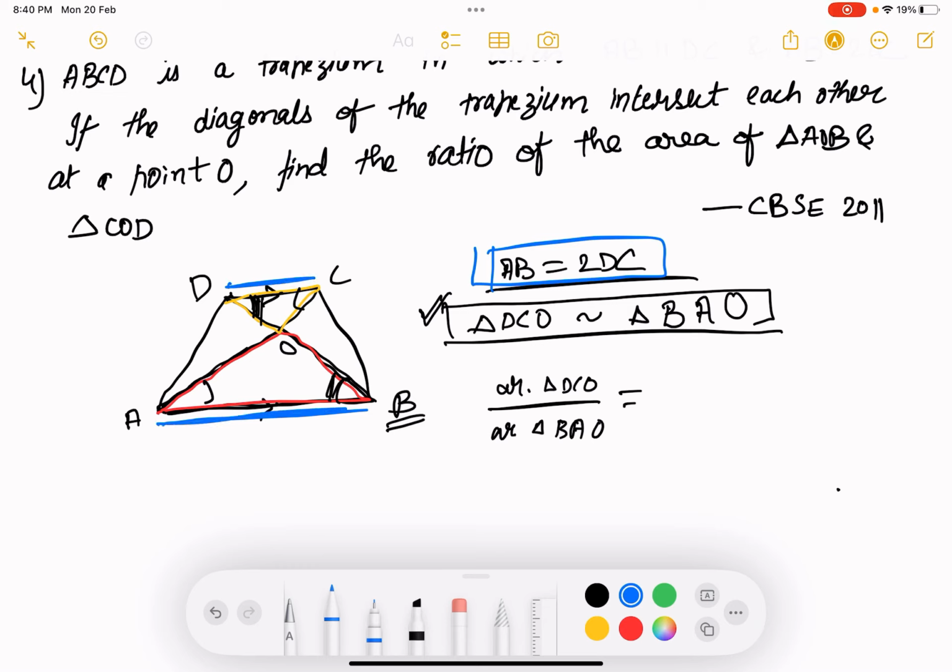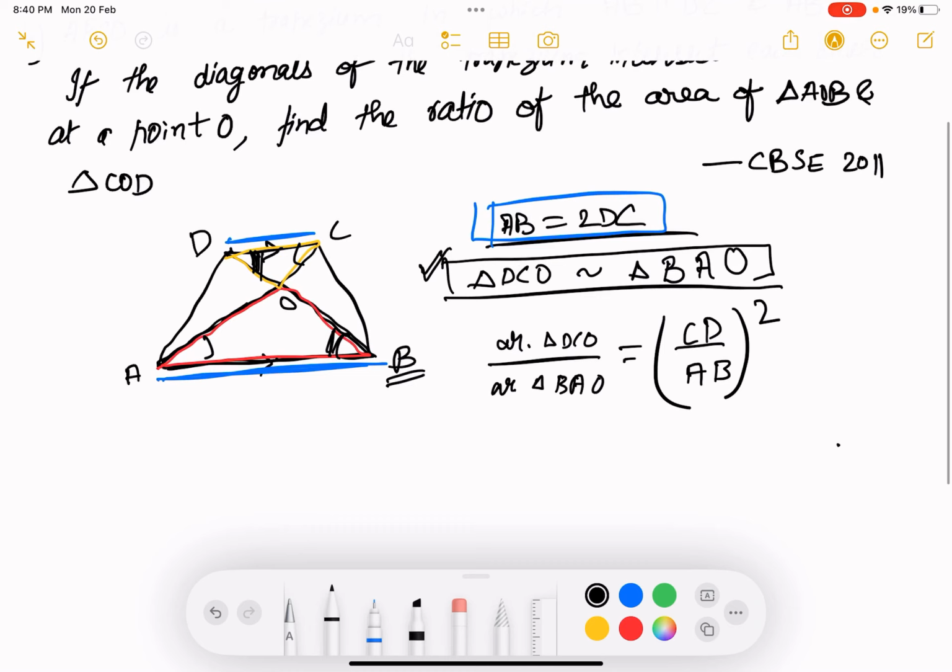So it will be CD upon AB whole square, and AB is equal to 2 times DC, that is given.